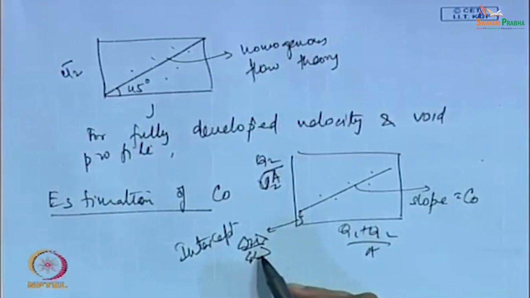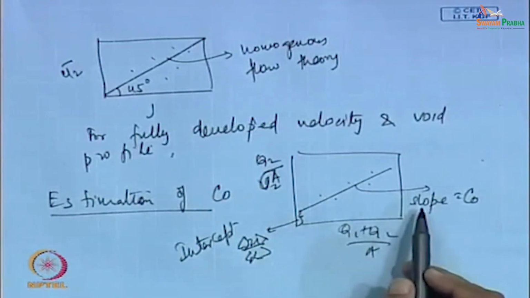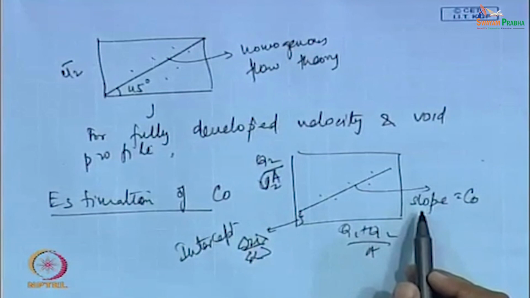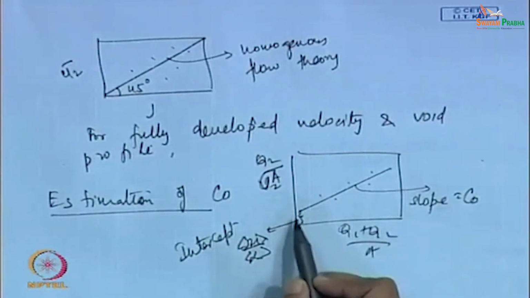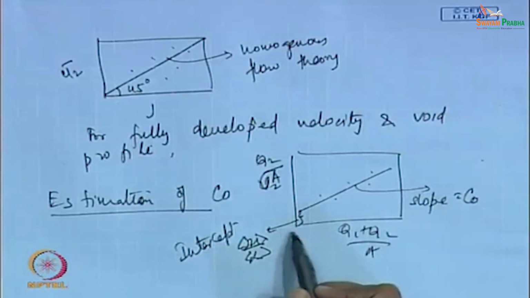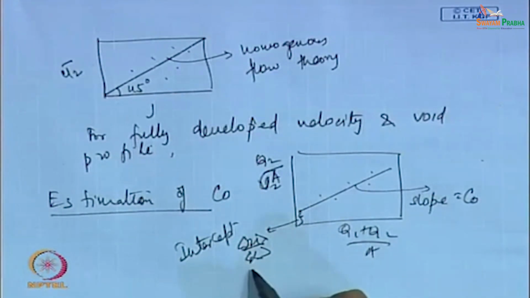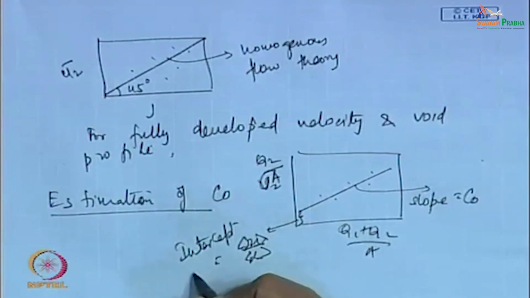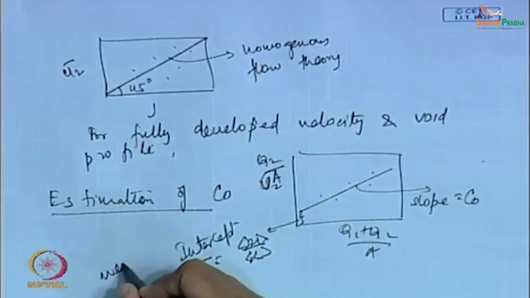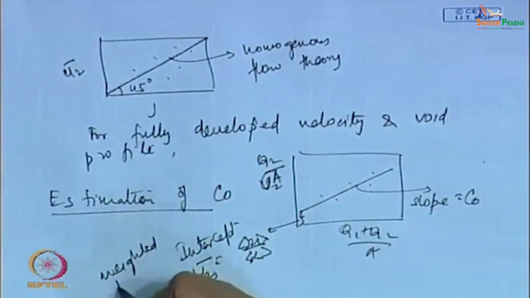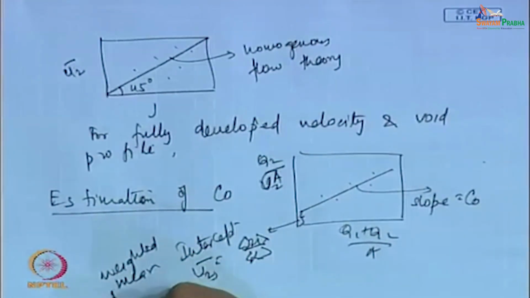In that particular case, the slope of this best fit line gives you the value of the distribution parameter C0 and the intercept gives you the value of the weighted mean local drift velocity. Okay, in other words this gives you u2j, which is nothing but the weighted mean local drift velocity.